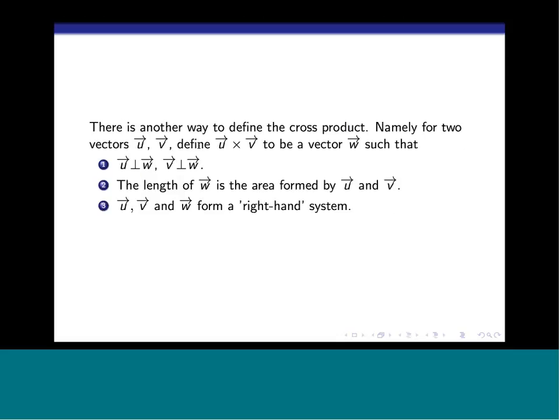It also has a property: the end result is perpendicular to both of them. The U, V, W form a right-hand system.